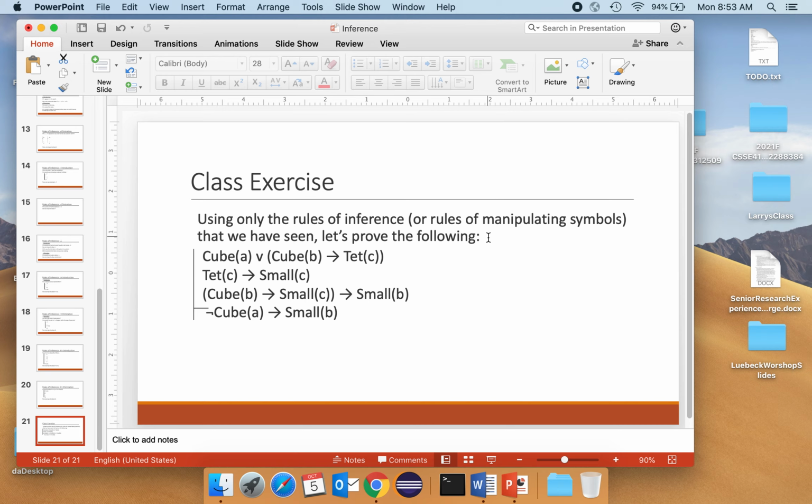Some people make assumptions, some people look at this and argue about it, and all of them are valid reasoning, right? Because it turns out that this conclusion follows from these three premises. But we want to do that just by pushing symbols. So we don't even know what cubes are or what small is. That's what we want to do.